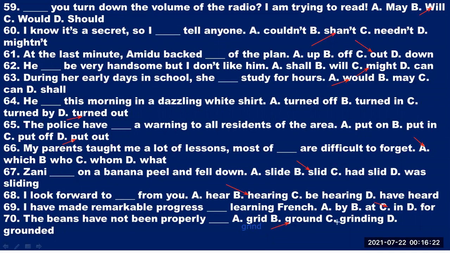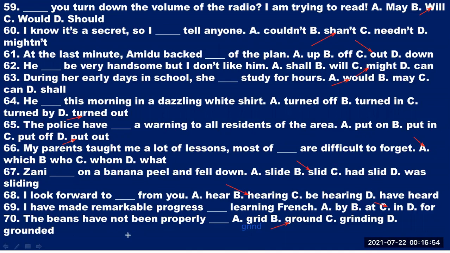All right, grinding is out of it, and a lot of people might choose grounded, but that is out of ignorance of grammatical principles, because when you talk of grounded, you are probably talking about an aircraft being grounded somewhere, is stuck there, but certainly not when we are talking of grinding beans.